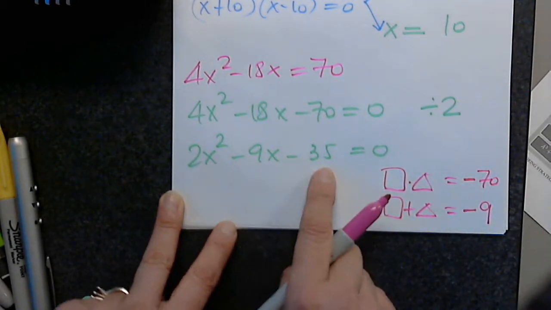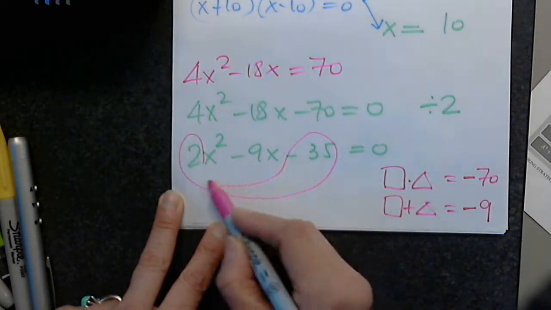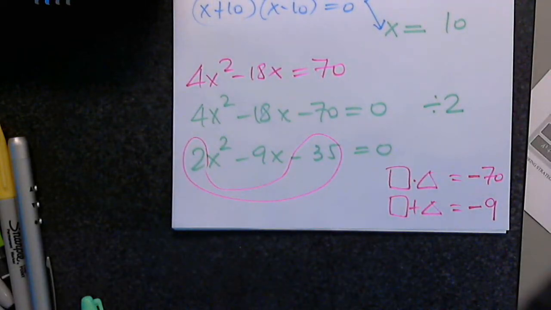So remember, when the leading coefficient is not 1, that number has to be incorporated within the product. So if the leading coefficient were 1, then I would have said the product is -35 and the sum is -9. Okay. But the leading coefficient is not 1, I cannot disregard it, I have to incorporate it in the product.